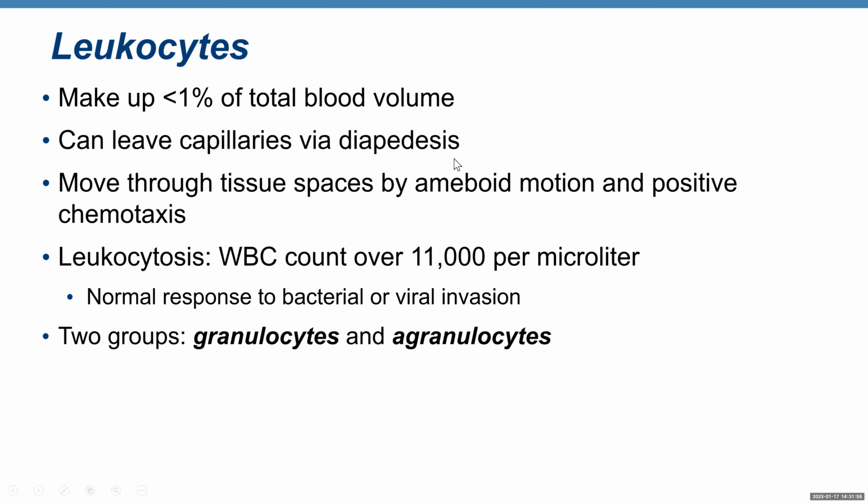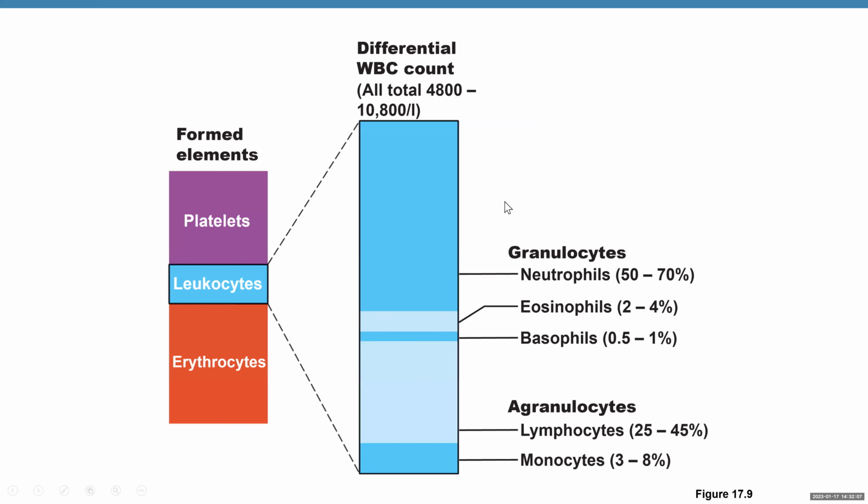Now leukocytes are divided into 2 groups, granulocytes and agranulocytes. You probably heard about the differential white blood cell count. The normal amount is from 5 to 10,000 in 1 microliter.